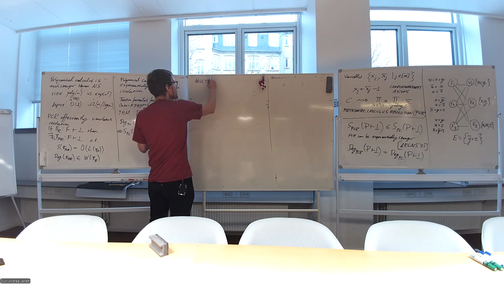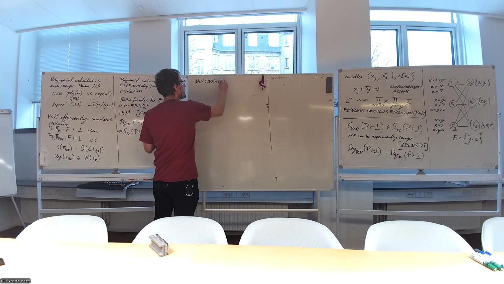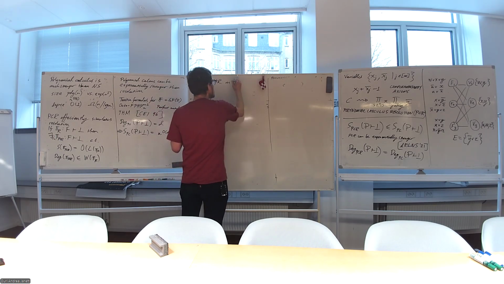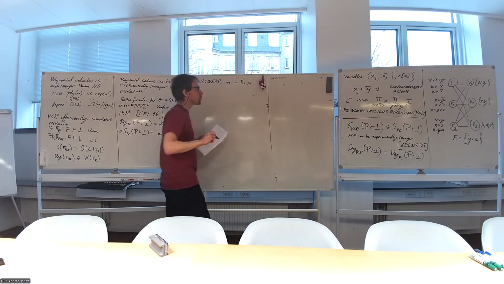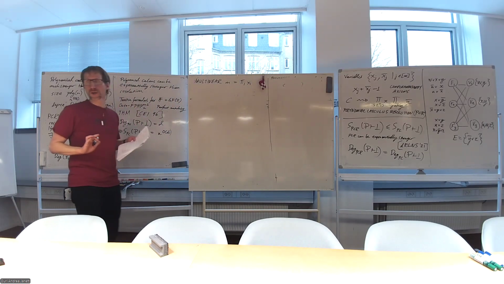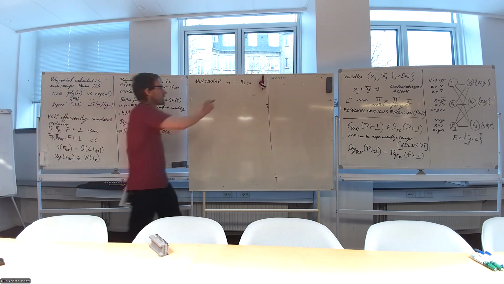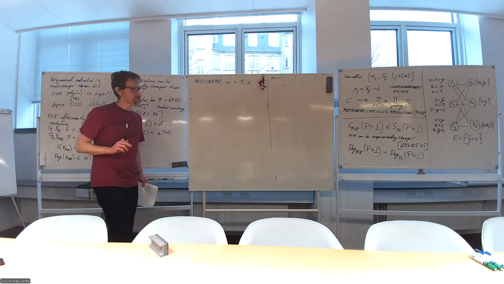So a multilinear monomial is something where I just tell you which variables are there. All variables appear with power 0 or 1.